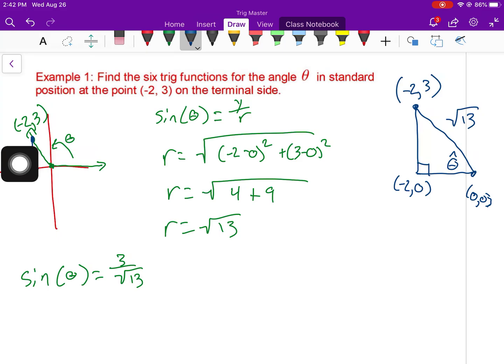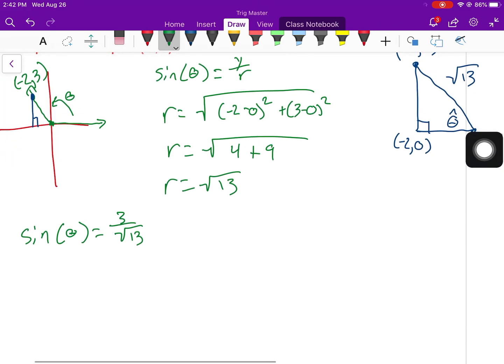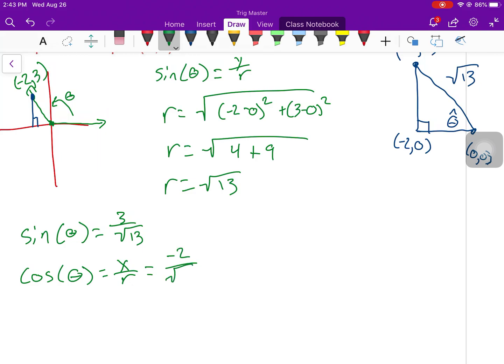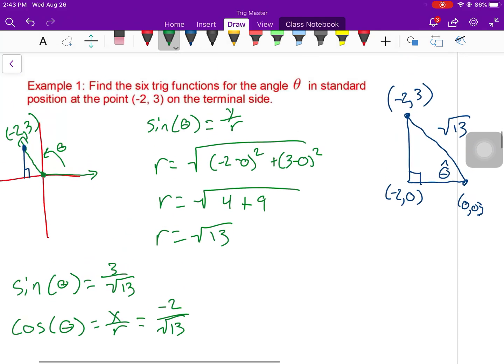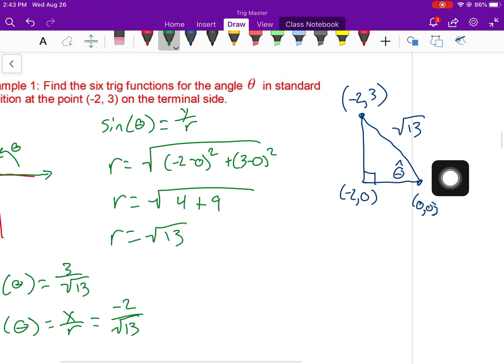Now, if I wanted to, I could do my exact same sine, cosine, tangent definitions where I do SOHCAHTOA, all right? But I'm going to go back over here and do cosine of theta, which is x over r, which is negative 2 over square root of 13. If I had this triangle here, which I didn't finish filling in the sides, that height was 3, and I'm just going to say that distance is negative 2.